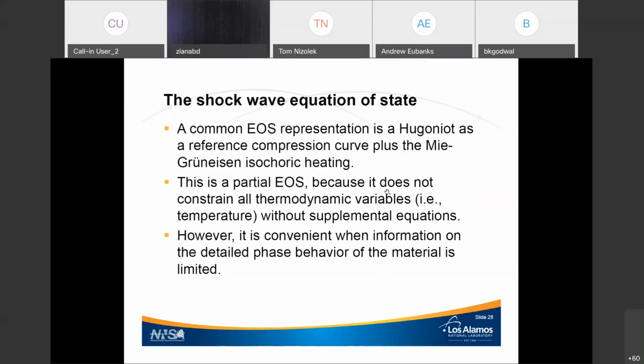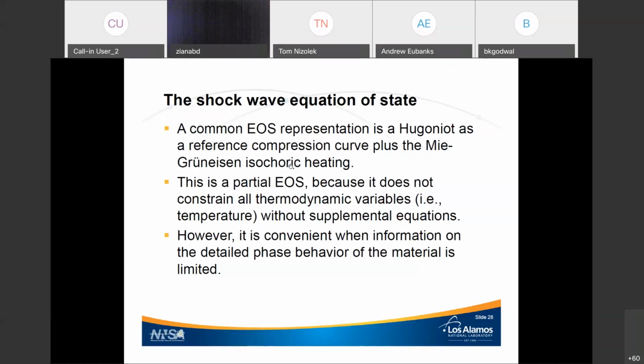So it's a common thing. In fact, in lots of hydrocodes, one of the equation of state functional forms that you might choose is a Hugoniot, with a C naught and an S and a rho naught as your compression curve, and a gamma or some behavior of gamma. And it just relates one PVE state to a PVE state off the Hugoniot using the Mie-Grüneisen isochoric heating.